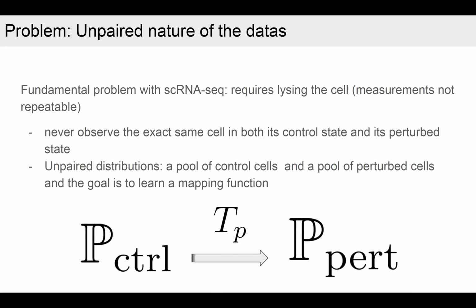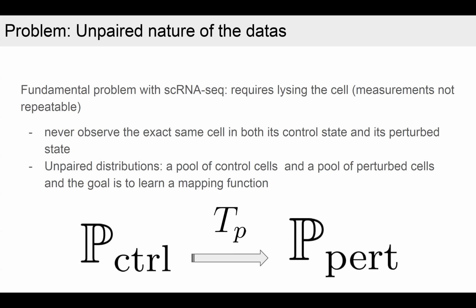So the problem, in the computational science sense, is that we are having unpaired distributional problems. We are having cells that are the control cells, and we are having cells that are perturbed. If we want to measure a certain cell, we need to lyse it, which means that the cell will be dead.